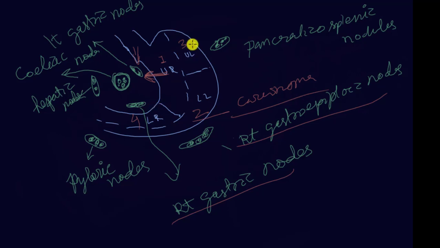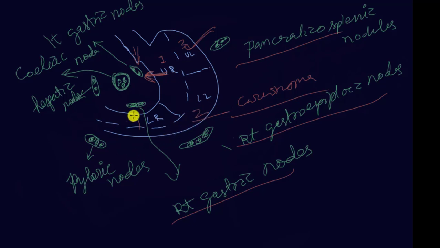Then you will see area number 3, above here. This area is otherwise known as the pancreatico-splenic area, which drains into the pancreatico-splenic lymph nodes along the splenic artery.